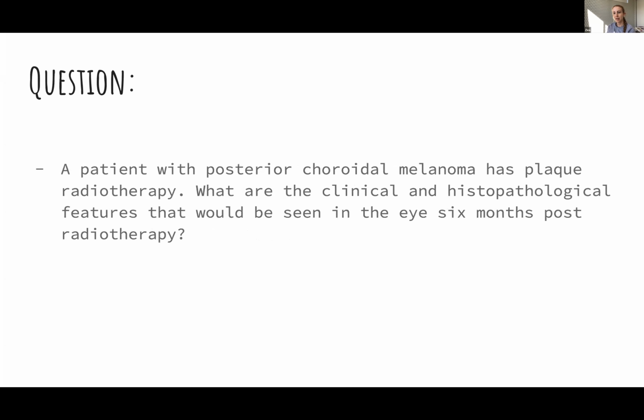The question I did, and I just have to minimize that one so I can actually see it, was a question about radiation, and it was a patient with a posterior choroidal melanoma that has plaque radiotherapy. What are the clinical and histopathological features that would be seen in the eye 6 months post radiotherapy?